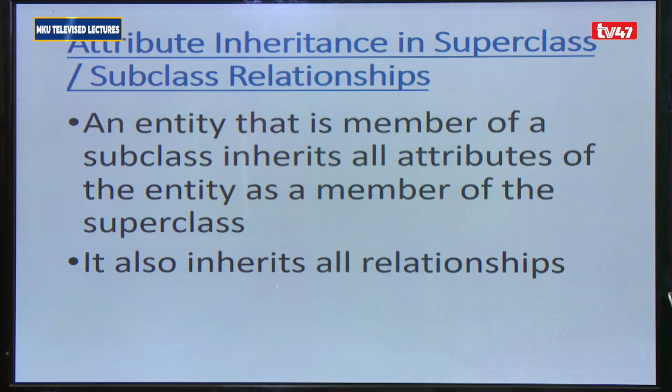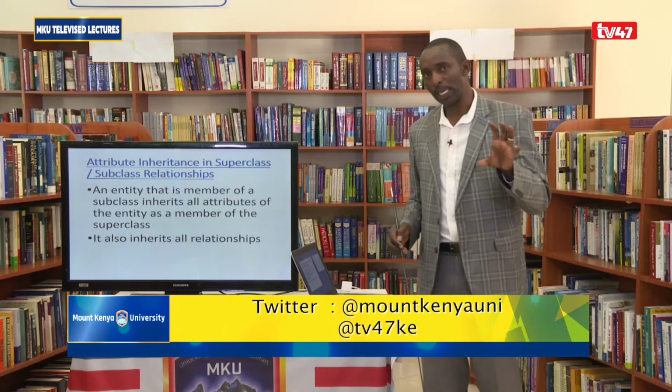What we mean by this, look at an example of student as a superclass. We have said that a student can be a part-time student or a full-time student. When you look at the generalization of the subclass student, part-time student, and full-time student, they are all students.